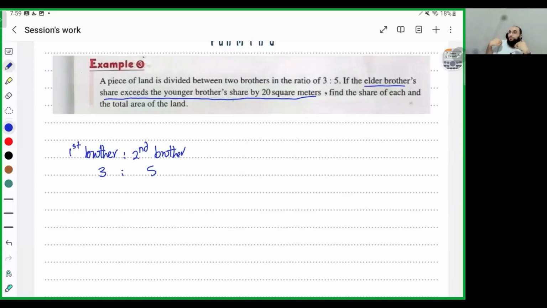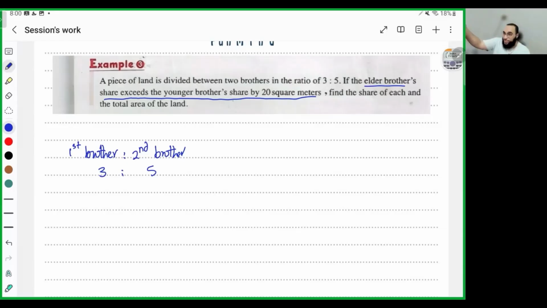Does that mean our sum is 3 or our difference is 3? Our difference is 3. So if I tell you, Mariam, you are exceeding me by 3, this means that the difference between us is 3, not the sum. Then it's a difference question right now.